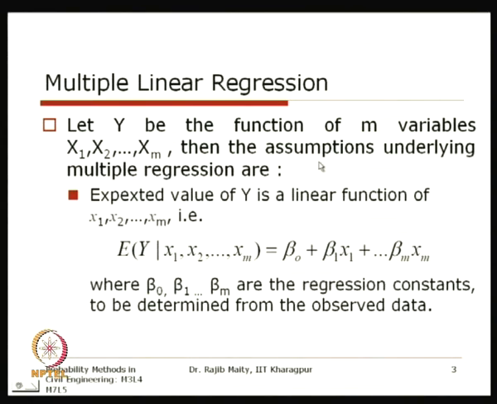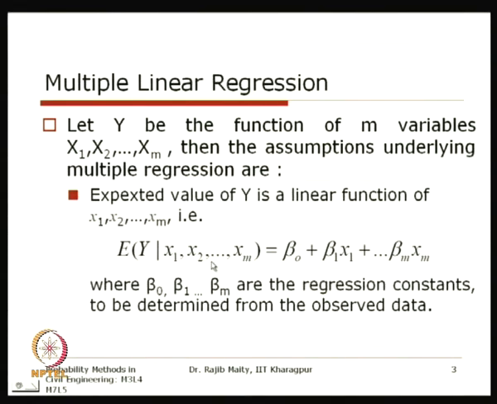Then the assumptions underlying the multiple regression follow the same principle that we discussed for the simple linear regression in the last lecture, that we are trying to find the expected value of y given the input of x1, x2, x3 up to xm.